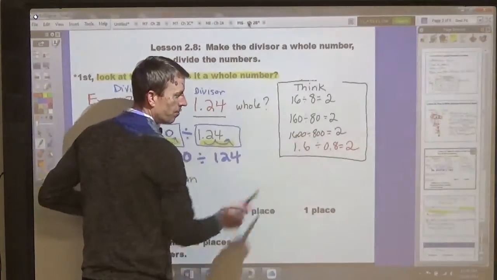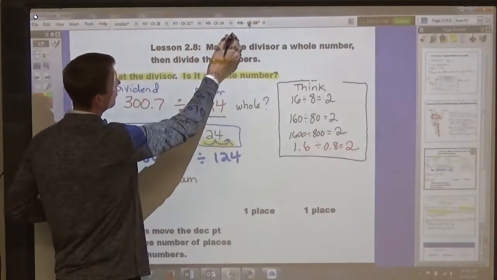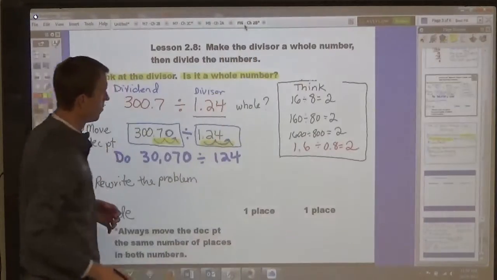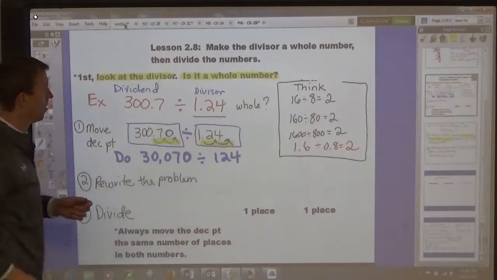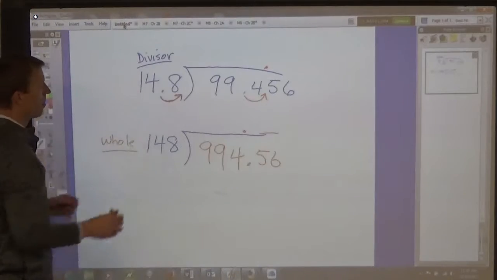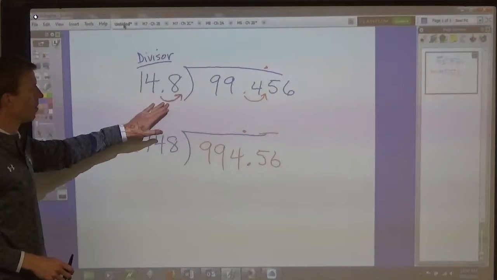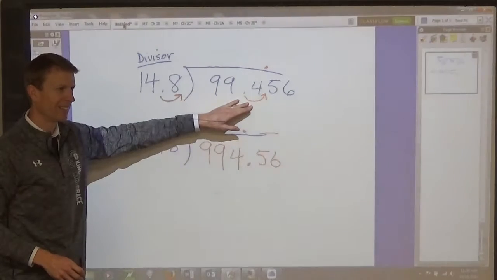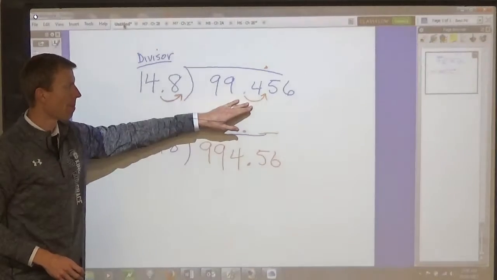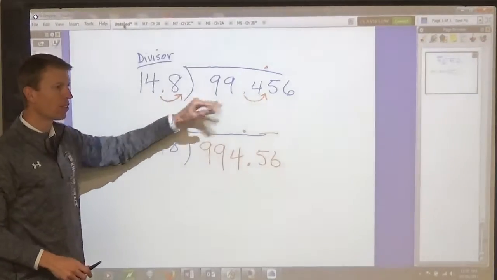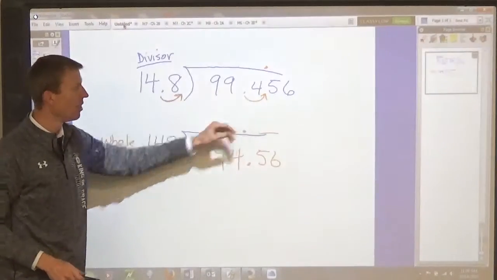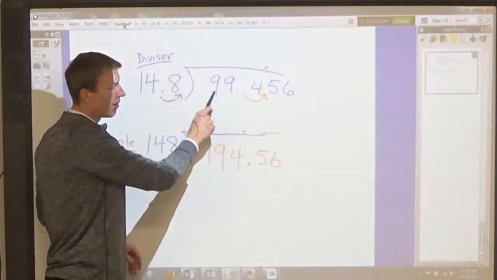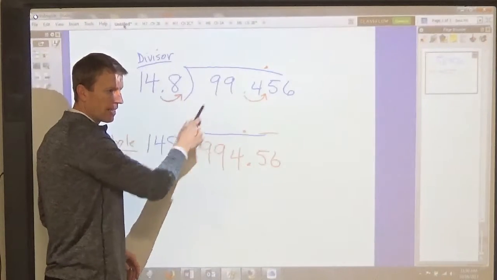So you're saying I could do the 14.8 and get the same answer? So can I use it all the time? If you were to multiply this out, you're going to have a decimal point in the middle here, and how are you going to put that decimal point in the middle?